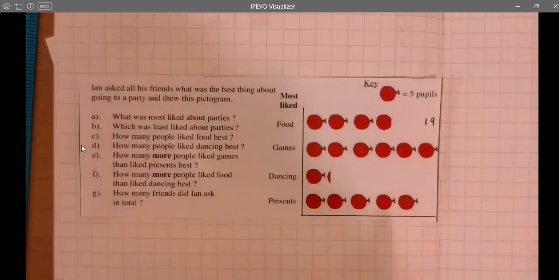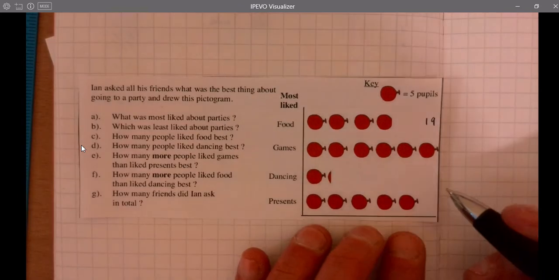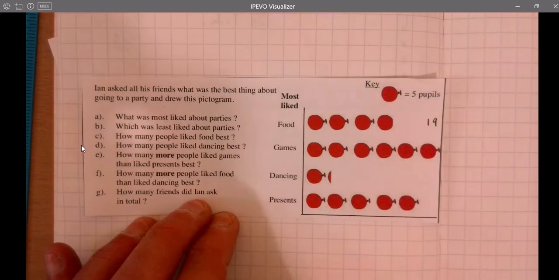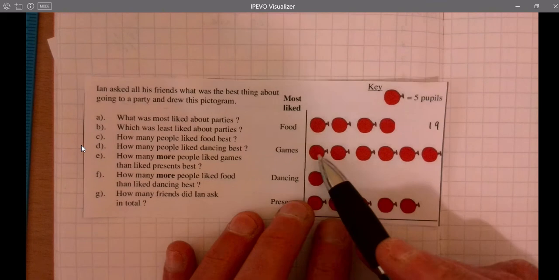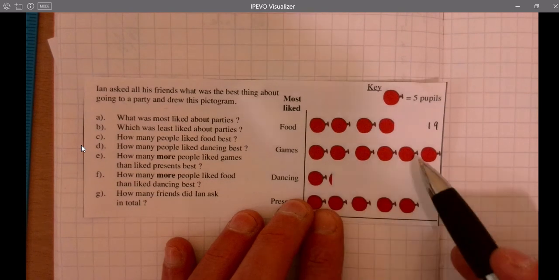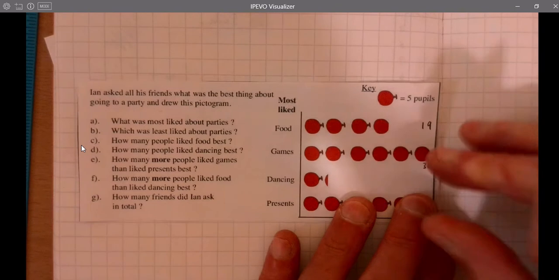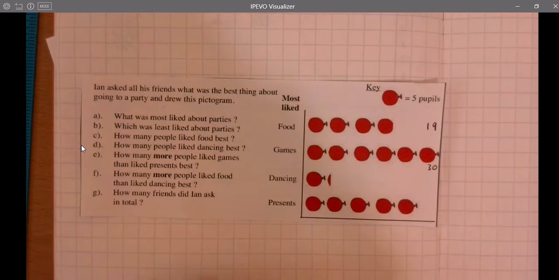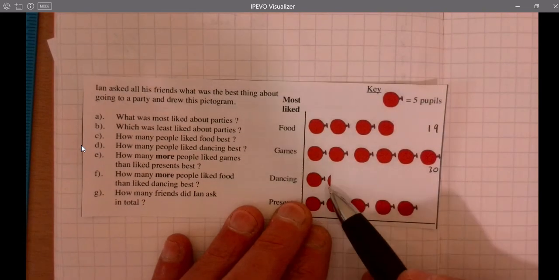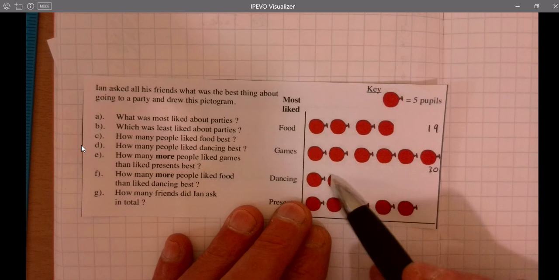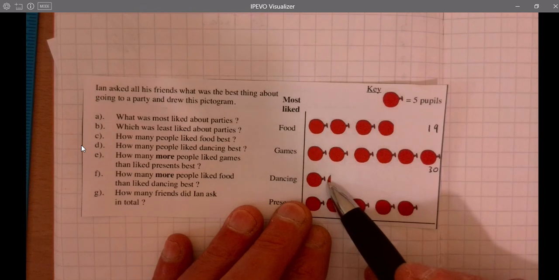Remember, I don't know what the questions are, but if I've got these numbers written down, it would make these questions simple. Games, 5, 10, 15, 20, 25, 30. If I squeeze it in there, I'd have liked to have had a little bit more room at the end there, to be honest. Dancing, 5. What do you think? It's only a tiny bit.